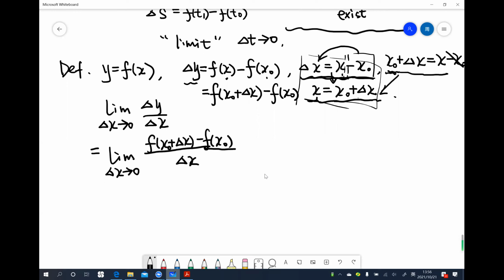So here we get another type of the limit of the expression.